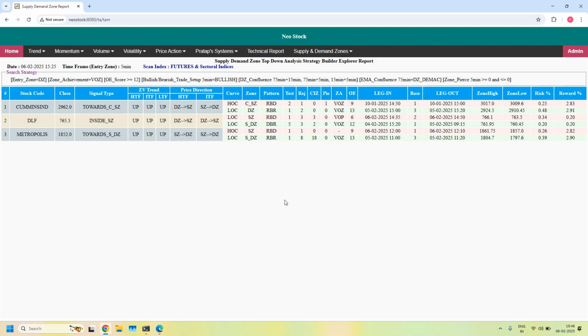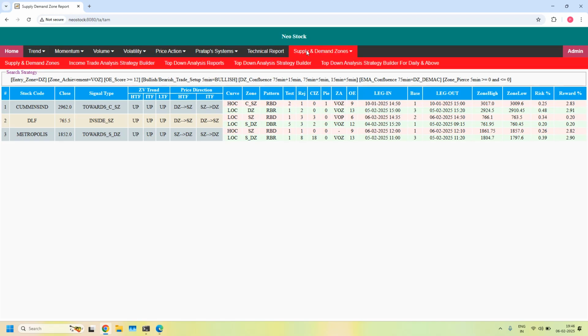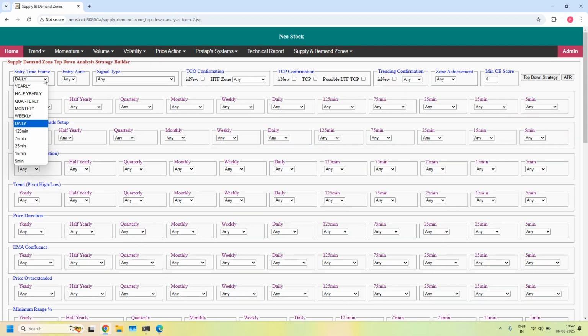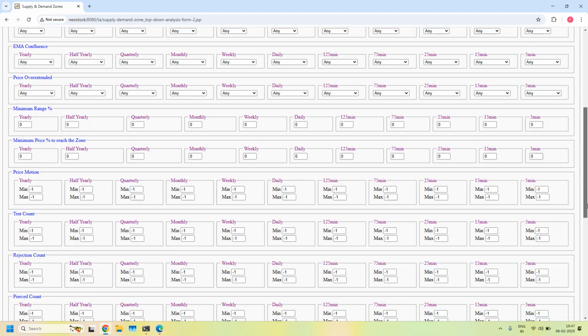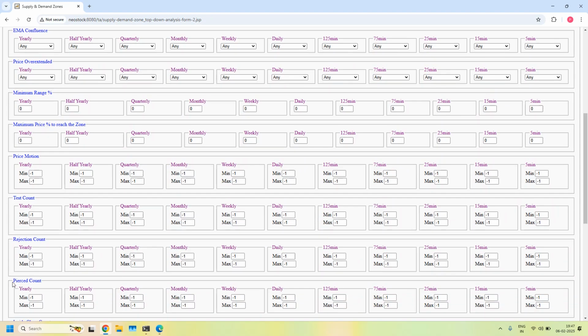Next, let us look for a bearish trade setup for hourly income trade. Entry time frame 5 minutes, entry zone supply zone. In bullish or bearish trade setup at 5 minutes time frame, I am selecting bearish, and these 5 minute supply zones, we need to set 3 filters. First filter is 5 minute supply zone should not be pierced.